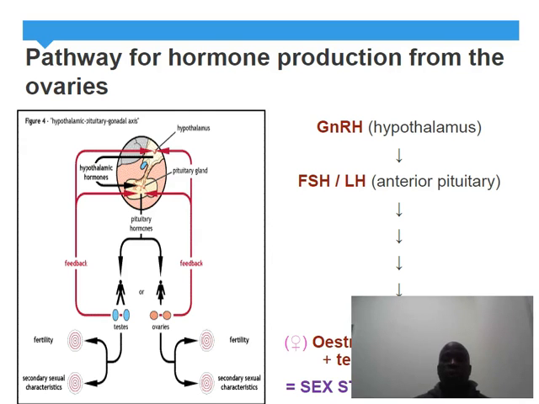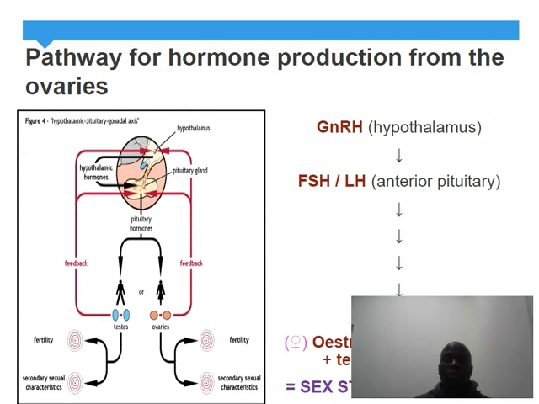Firstly, from the hypothalamus, you have the gonadotropin releasing hormone. That hormone, once it's released, goes into the bloodstream and also stimulates the follicle stimulating hormone and luteinizing hormone from the anterior pituitary gland.